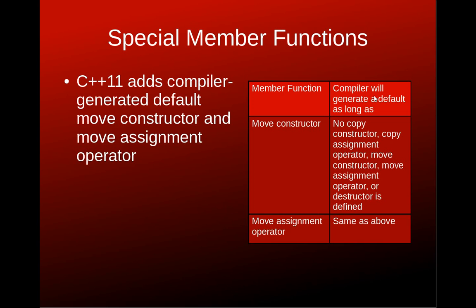C++11 mandates that compilers generate defaults in certain situations. And the list of conditions is actually pretty long for move constructors and move assignment operators. So you cannot have a copy constructor, copy assignment operator, move constructor, move assignment operator, or a destructor for the compiler to generate a move constructor and a move assignment operator.